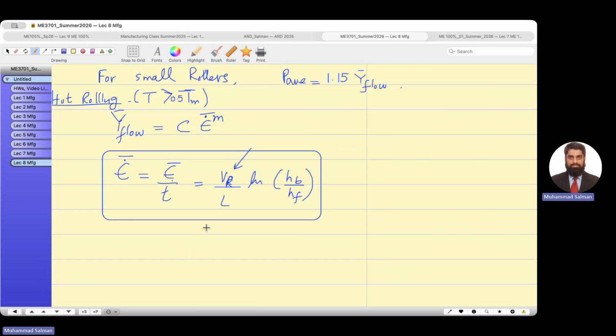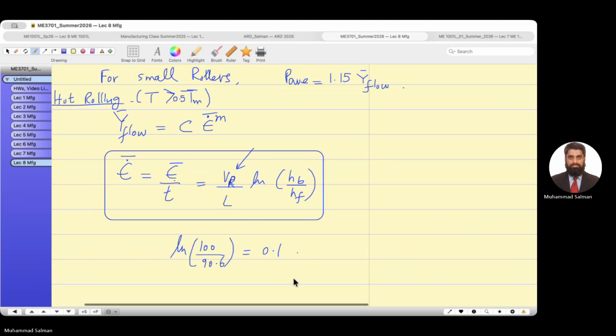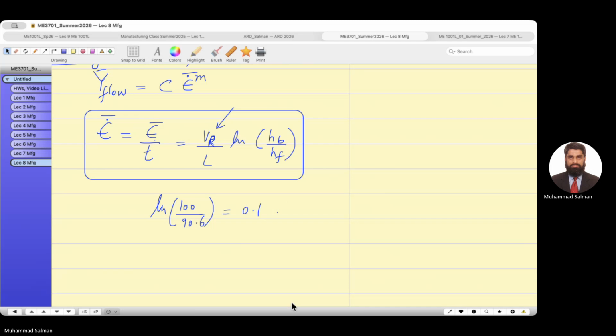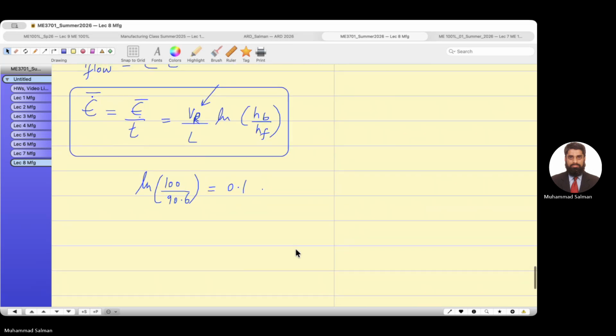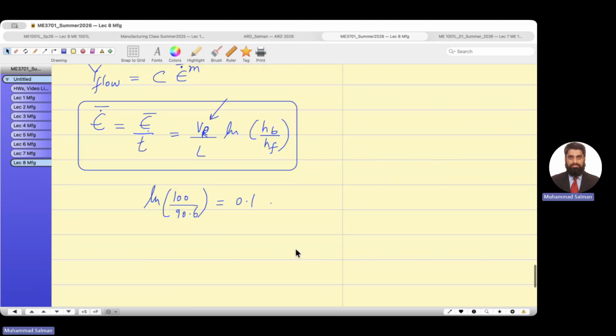And let's do the math here. What is my ln of H initial, the initial thickness of the metal, divided by the final thickness? So let's do this math here.